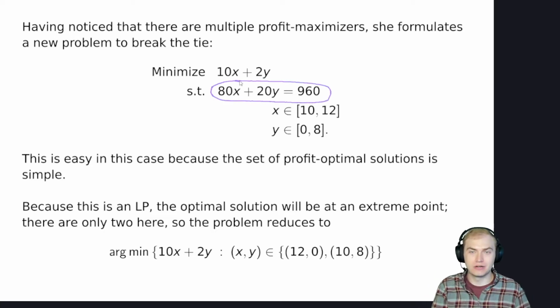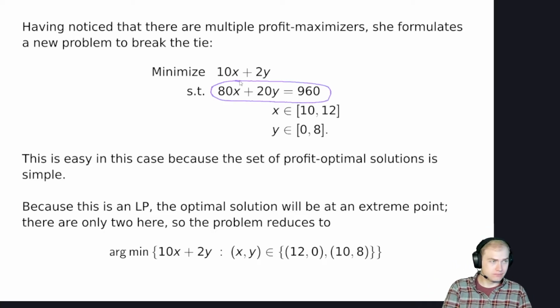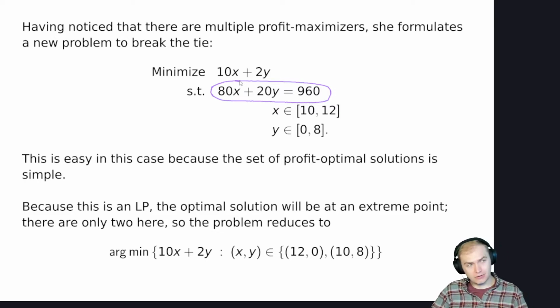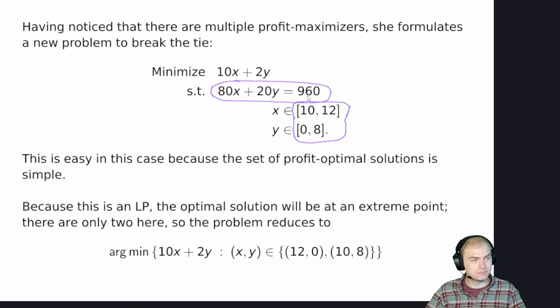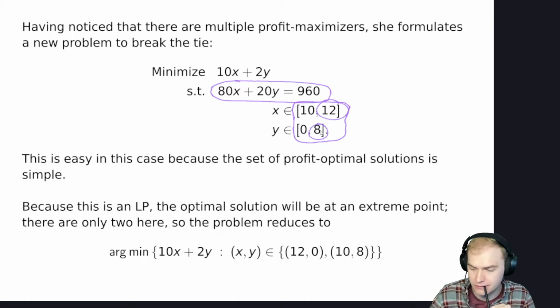We just took our first constraint. This is the constraint that was parallel to the objective function. We made it an equality because all of our optimal solutions lie on that constraint. And then we bound it by the endpoints. So x can move between 10 and 12, y can move between 0 and 8.